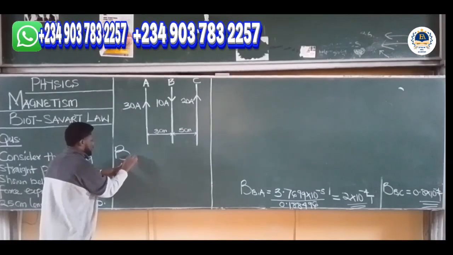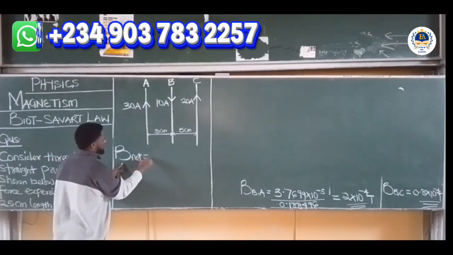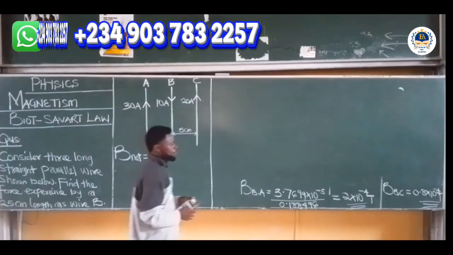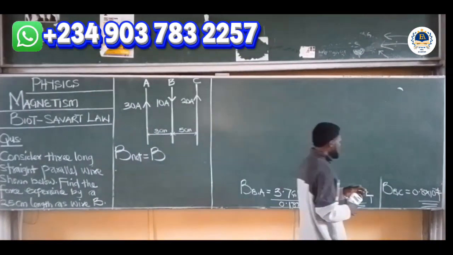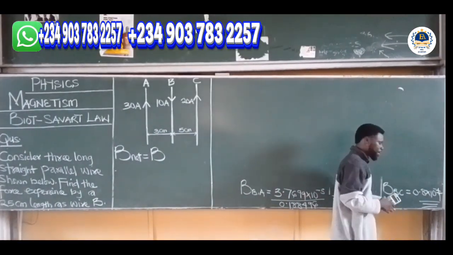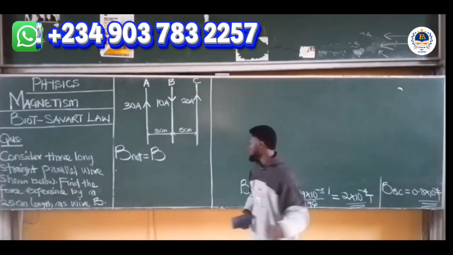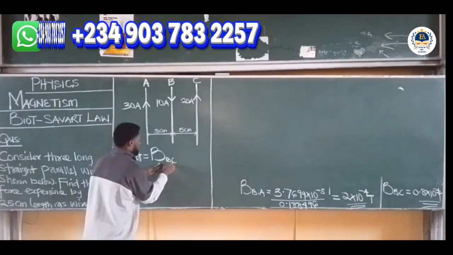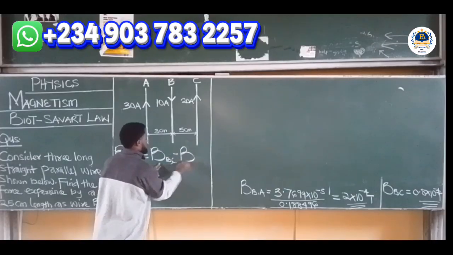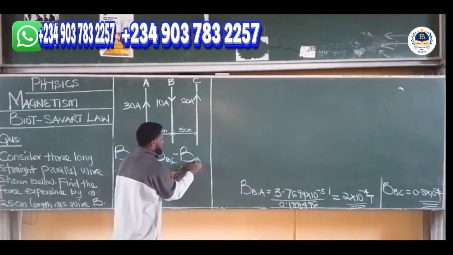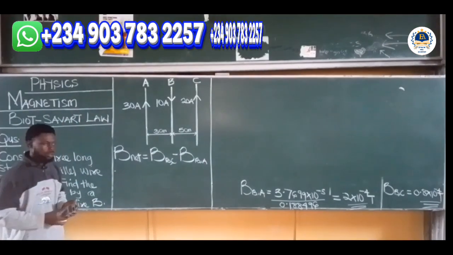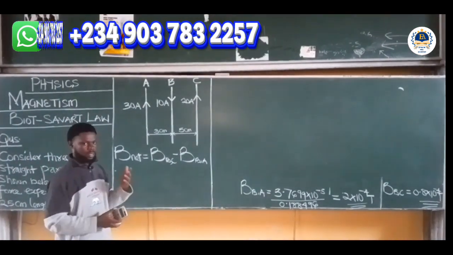B net is equal to the magnetic field produced by C at B, minus B of A. So we are subtracting because they are moving in opposite direction.